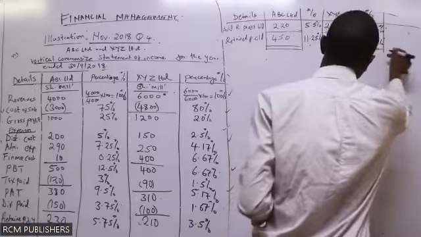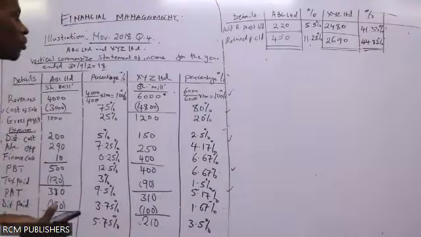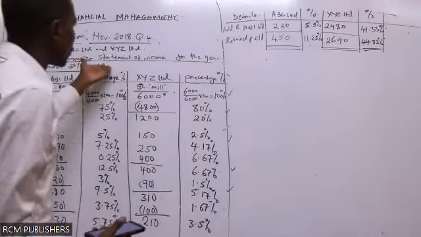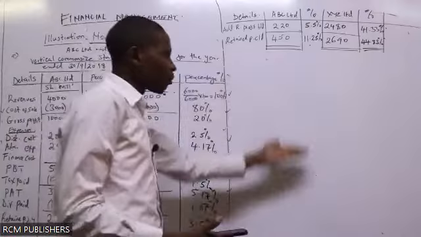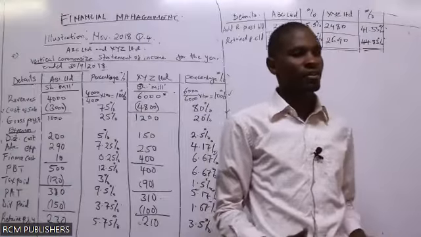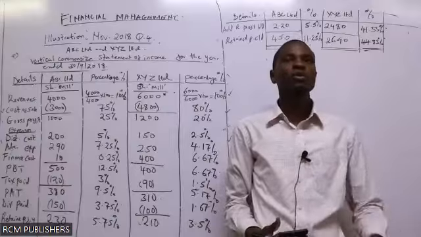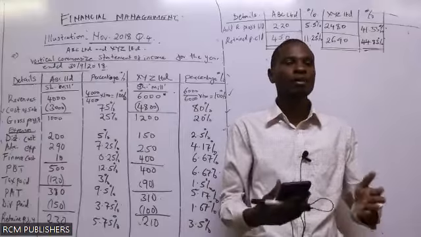So hata ukiulizwa which company performed well this year of 2018, because they are comparing the company in the same industry, in the same line, maybe they are selling the same product. So they are trying to compare the performance.